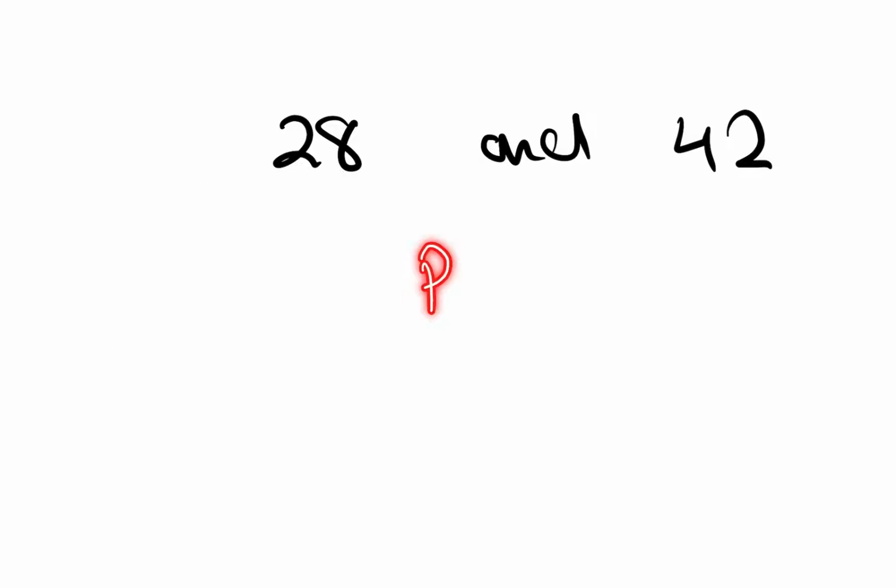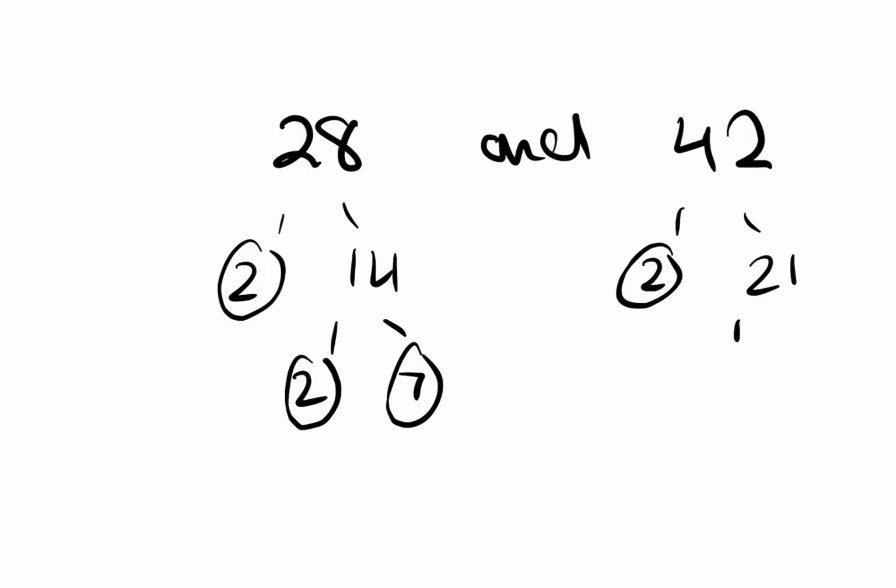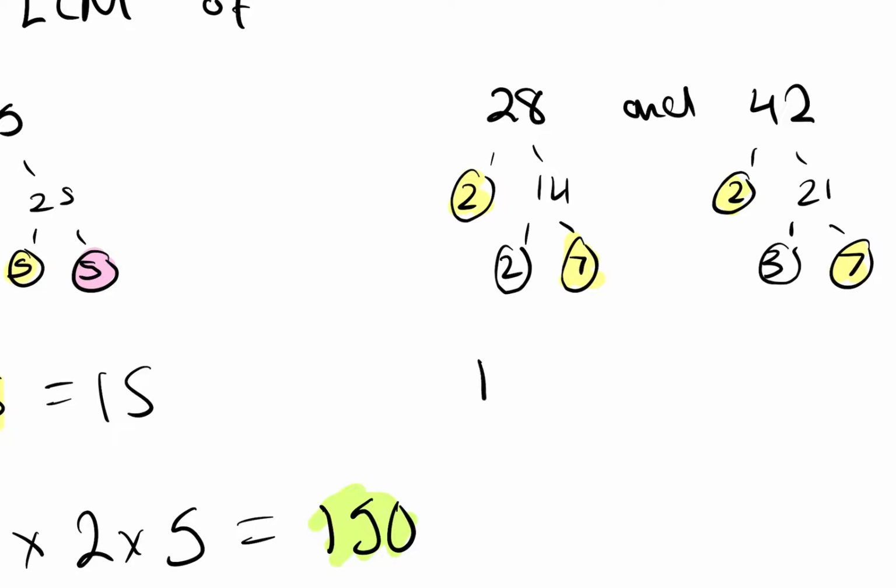Okay, try this one here. Pause it. No, I'm going to talk you through it. So let's go really quick through this one. Okay, what's in common? We've got 2, 2, and a 7. Highest common factor, 2 times 7 is 14.